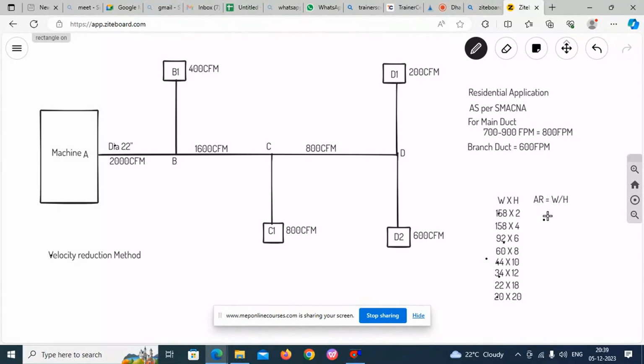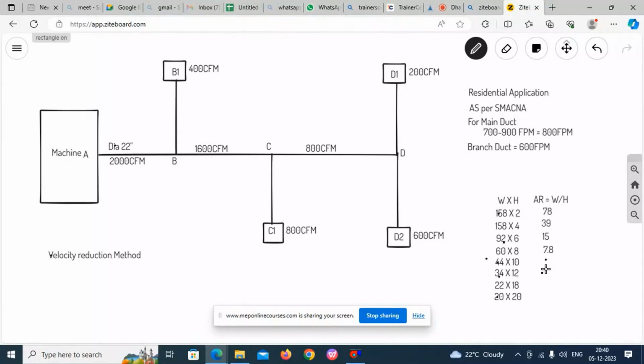Now tell me, 158 by 2, how much will you get? 79. 158 by 4, almost 39.5. 92 by 6, 15. 60 by 8, around 7.8.